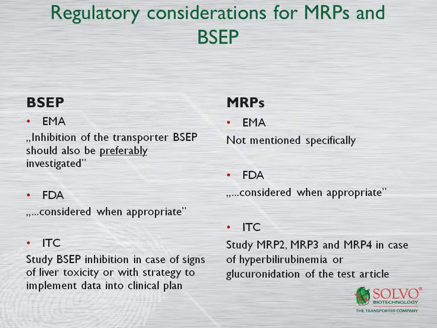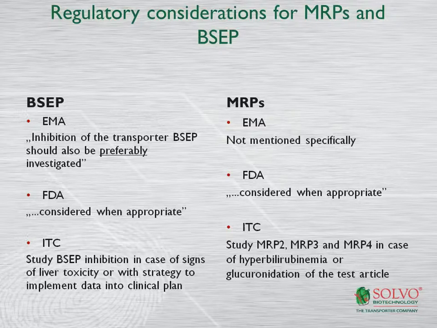The FDA also just considers it, I think really based on in vivo observations. The ITC recommends that if there is liver toxicity, it's better to check whether there is an accumulation of bile acids. For MRPs, the EMA until now didn't mention them, maybe in the next guidance.